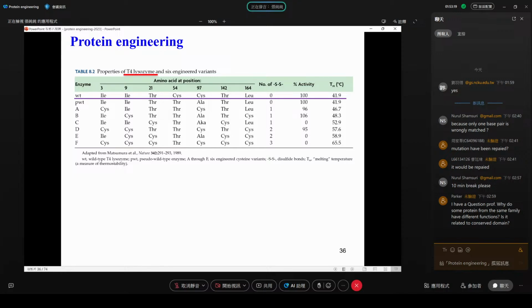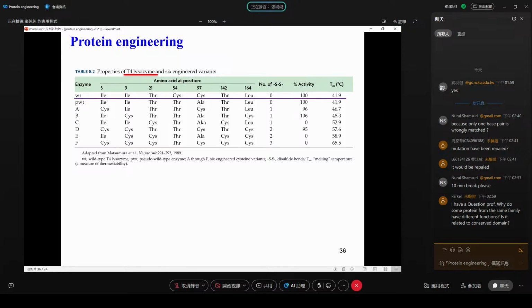So let's start to do all the randomized mutagenesis. We know that some residues may be required for protein stability, especially this residue, which is a cysteine for disulfide bond formation. So you probably want to add more.